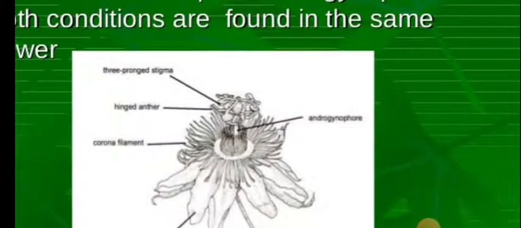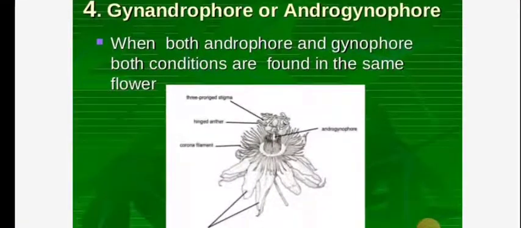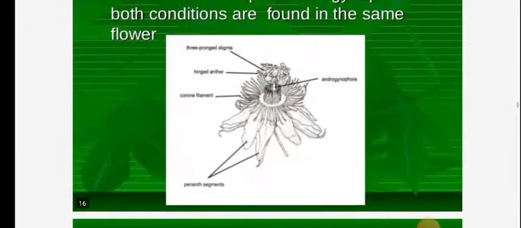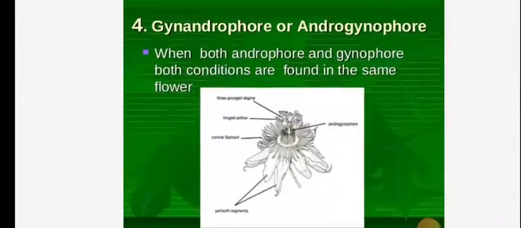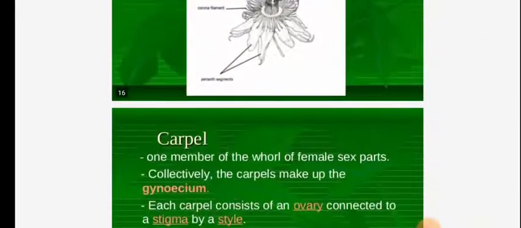The stamens are fused with the petals, and the anthers develop into pollinia. In the androphore and gynophore, both conditions are found in the same flower. So it is called the gynandrophore or androgynophore condition. Remember these proper words.